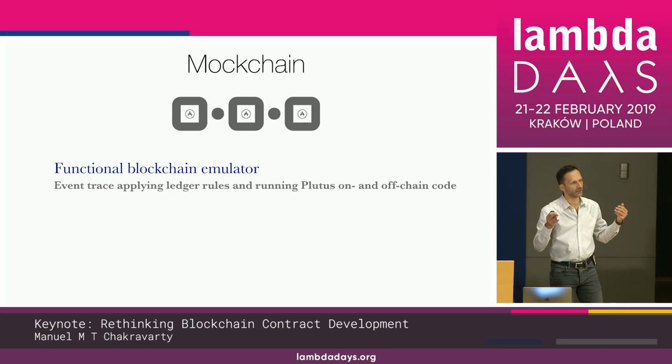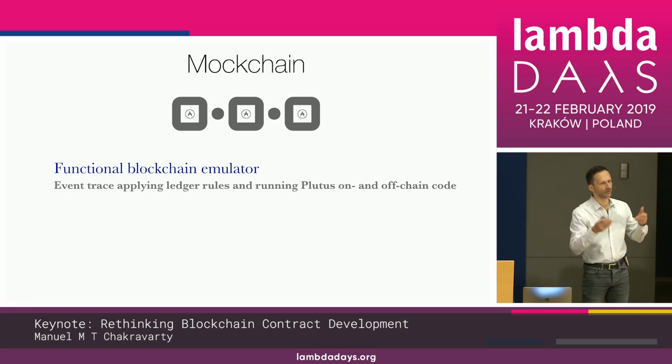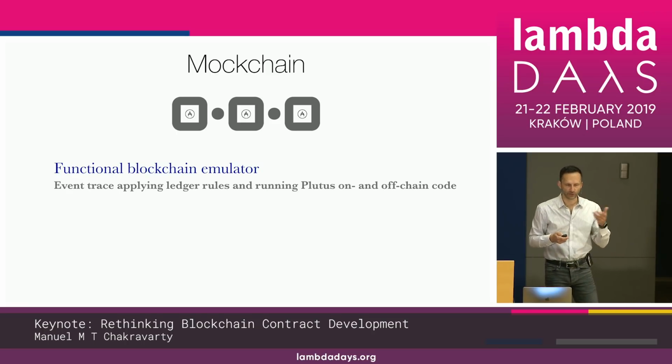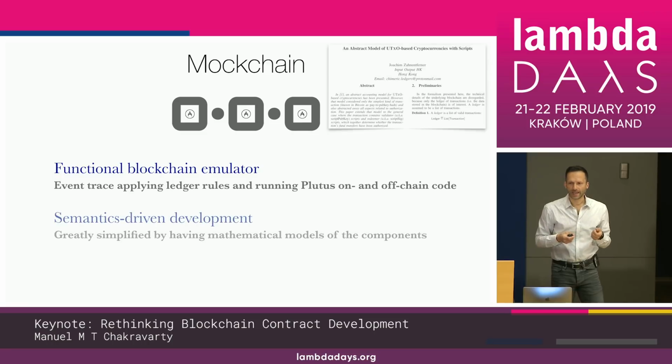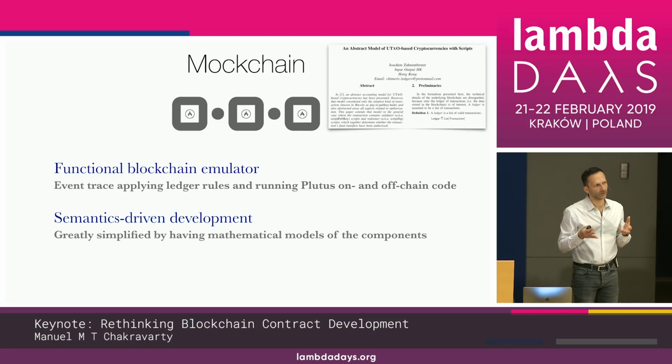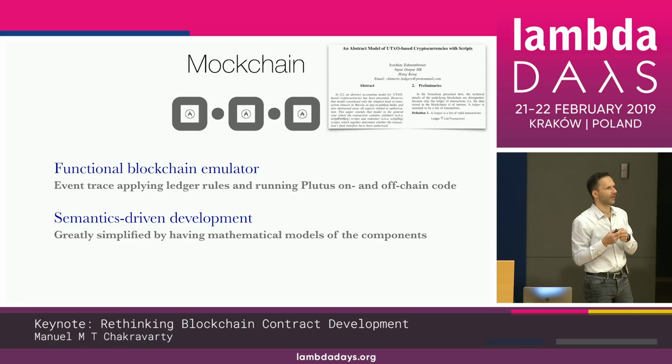executes it in a way that you can see what happens if you run that actually on a UTXO ledger. And this is really only possible because we have this semantics-driven development process where we know the exact functional behavior of that blockchain.